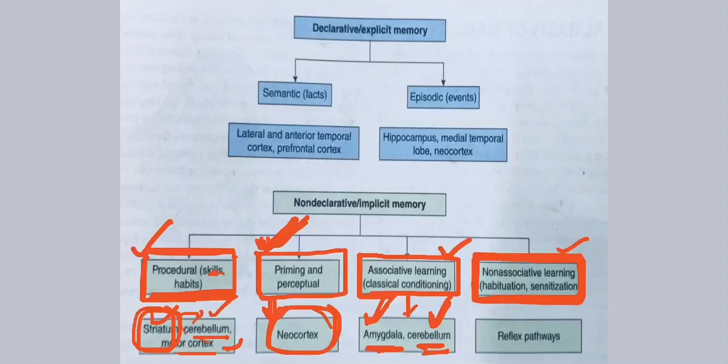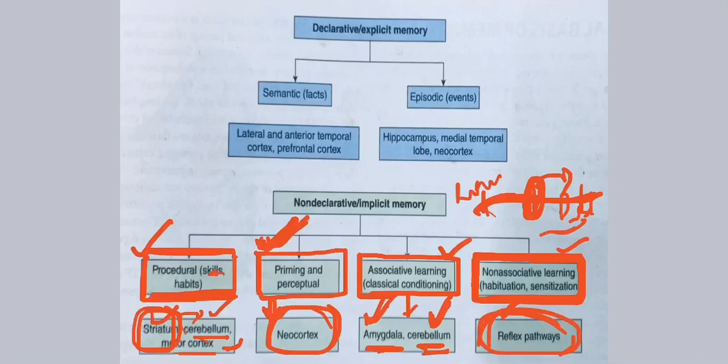Initially you will get startled, but after a certain time you stop startling, you will start ignoring it. That reflex pathway is the auditory pathway, you hear the sound and then you startle. That particular pathway will respond less to this loud sound, meaning the neurotransmitter release, or the action of the neurotransmitter on the postsynaptic neuron, will keep on decreasing. So the reflexive pathway will be involved.